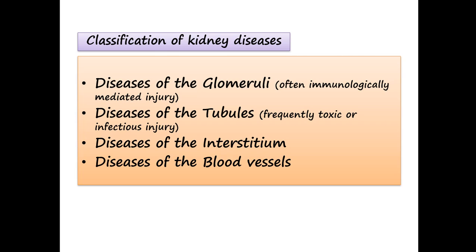For our convenience, we classify kidney diseases into those diseases that affect the glomeruli. Mostly, the diseases that affect the glomeruli in the form of glomerulonephritis are often immunologically mediated.